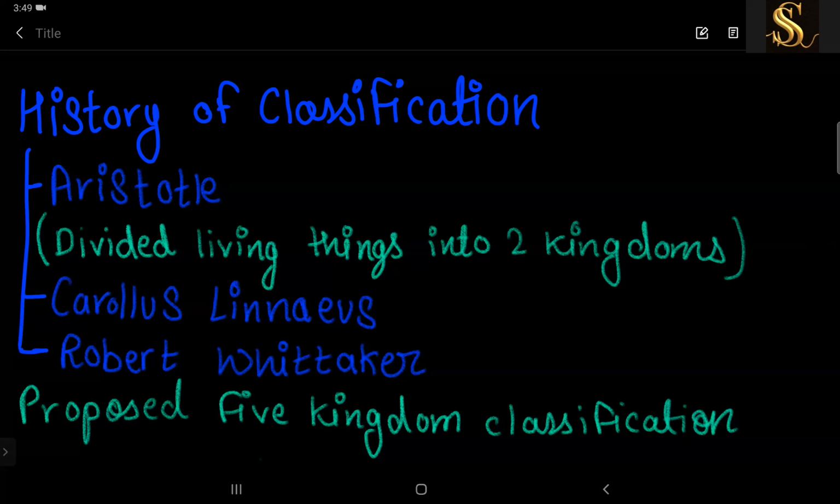Now Carolus Linnaeus, we will learn about him in detail in the next slide. Robert Whittaker proposed the five kingdom classification. So let's see about Carolus Linnaeus now.